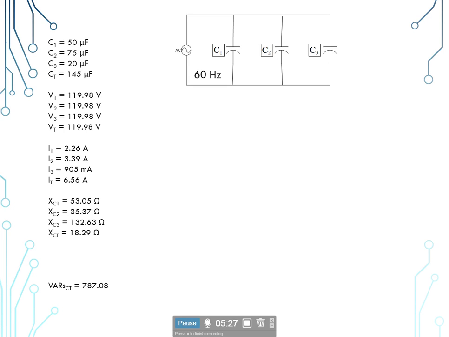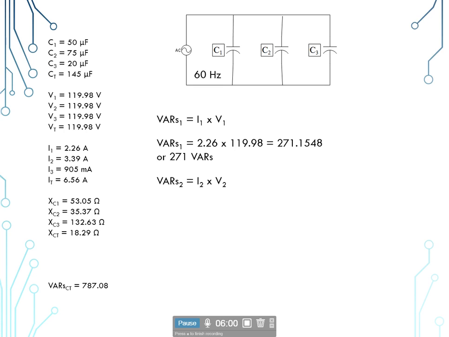Now all we have left to do is our VARs sub C1, VARs sub C2, and VARs sub C3. Since we have our currents, we can actually use one of the easier formulas from the main Ohm's law wheel. And so VARs sub C1 is going to be equal to I sub 1 times V sub 1. So we have current of 2.26 times our 119.98 volts, giving us 271 VARs.